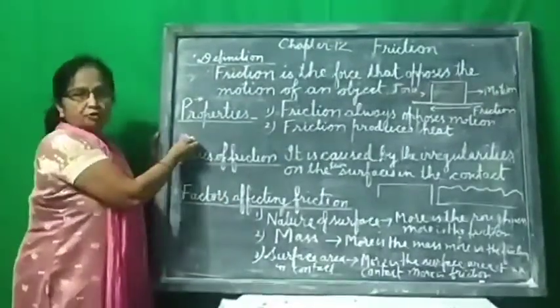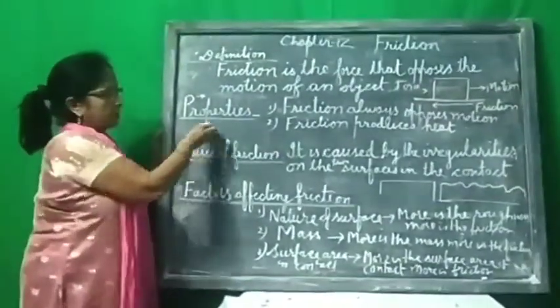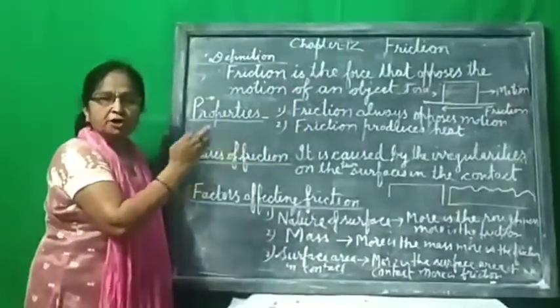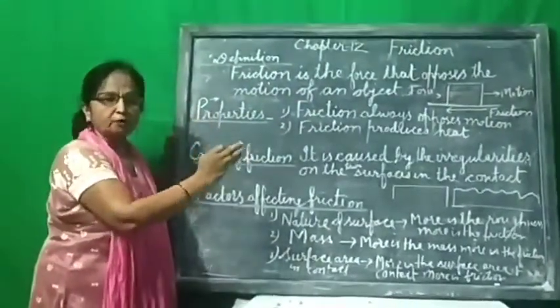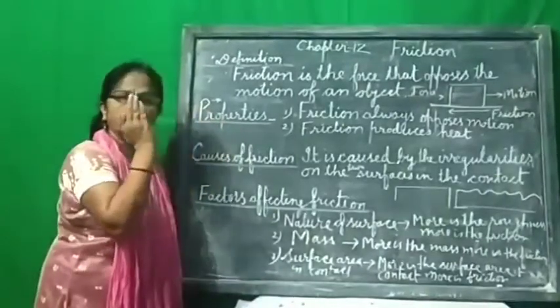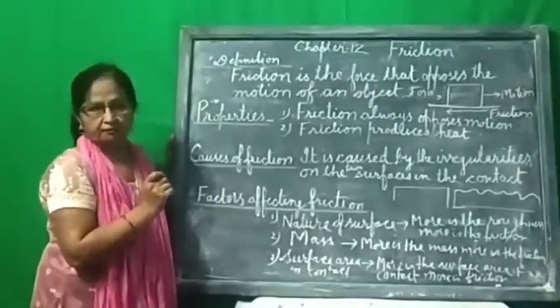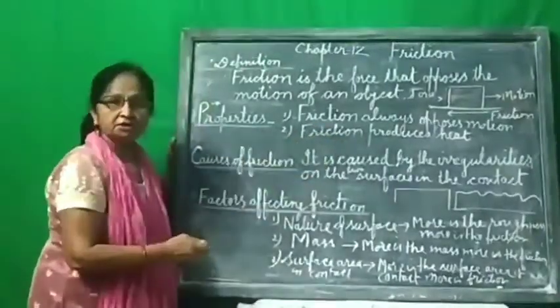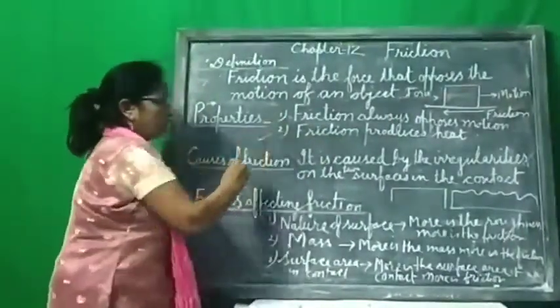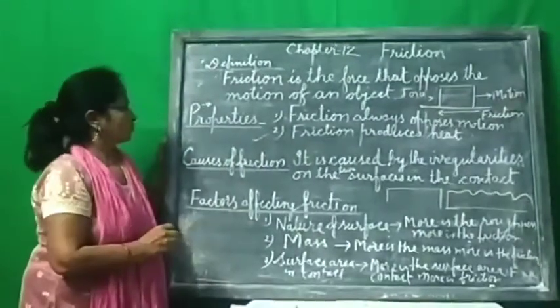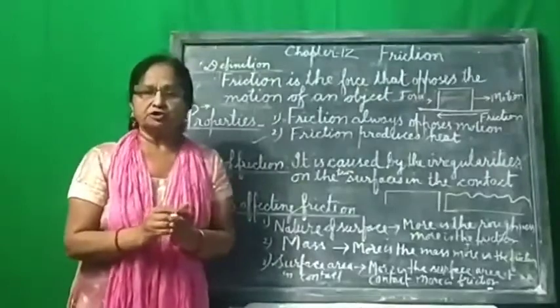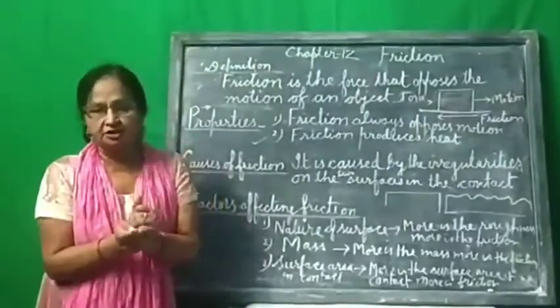So now you can understand the properties. Friction always opposes motion, movement. Motion means movement, it will stop it. Second, friction produces heat. Now again I am explaining this property with an example. सर्दी आती है, आप लोग क्या करते हो सर्दी में, you start rubbing your hands.